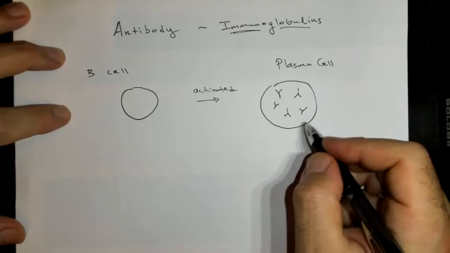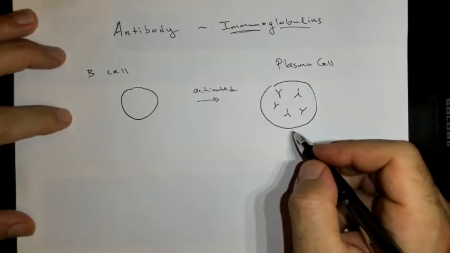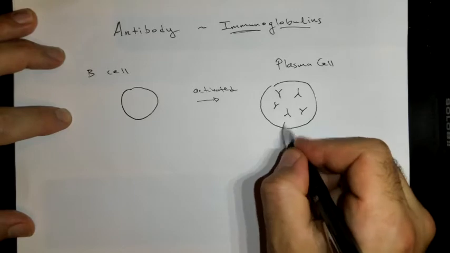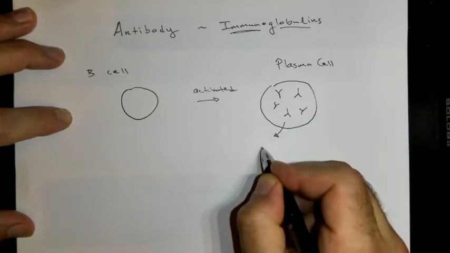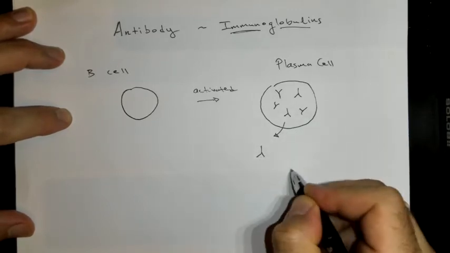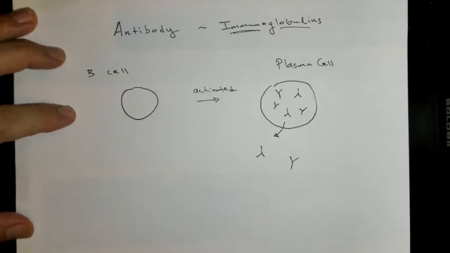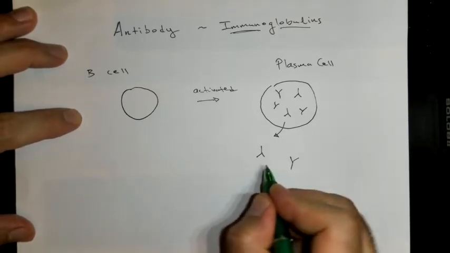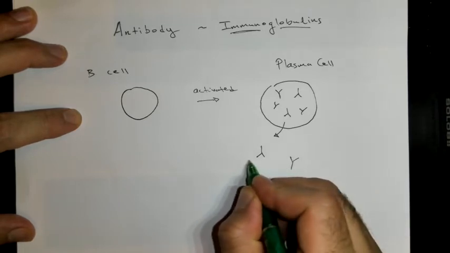And these antibodies are proteins that then can be released by the plasma cell to then go and attack, for example, a bacterium.